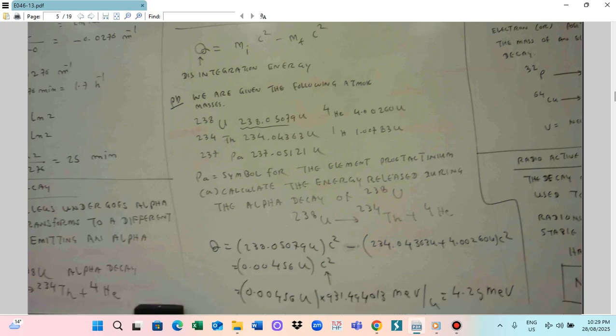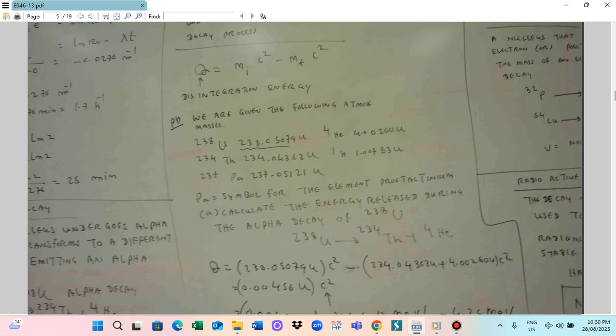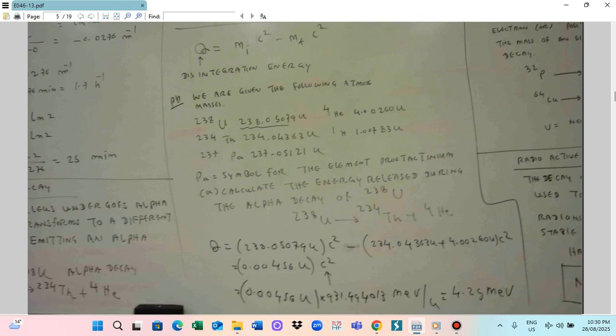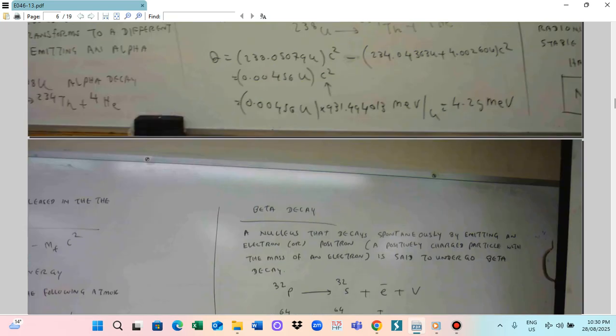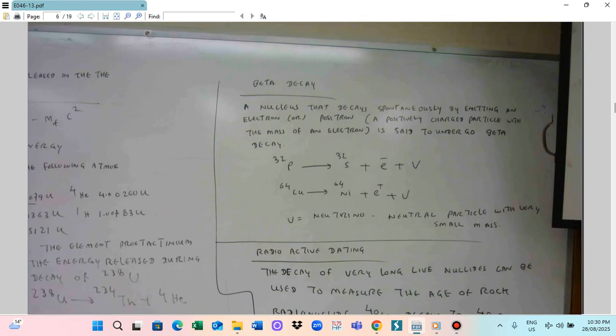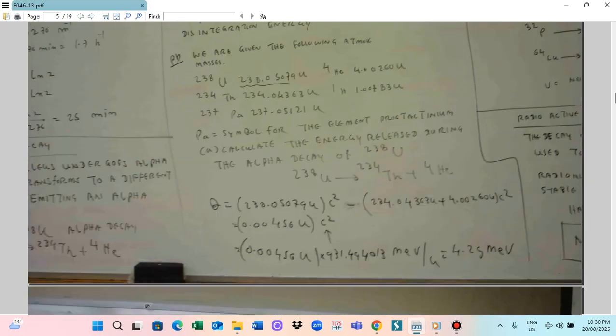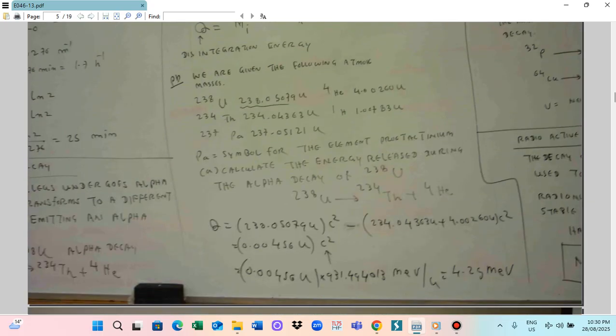The energy retained by any particle moving at the light velocity is 931.494013 mega electron volt per unit. So this is 0.00456, you multiply, and this becomes 931.494013 mega electron volt per unit.